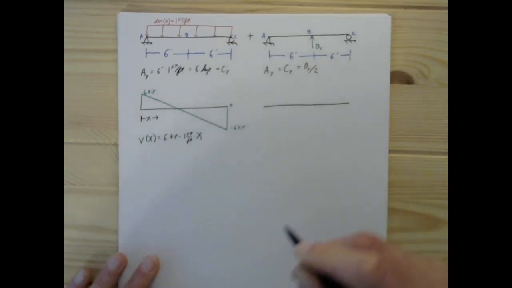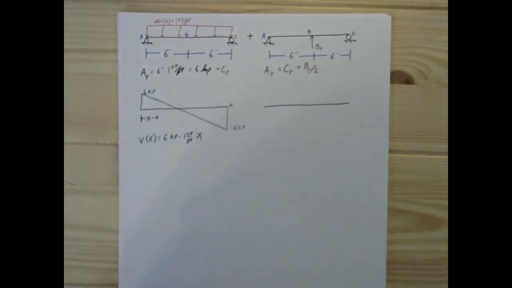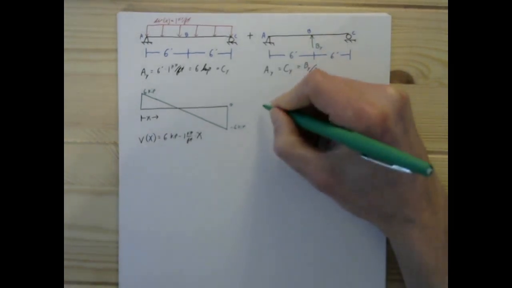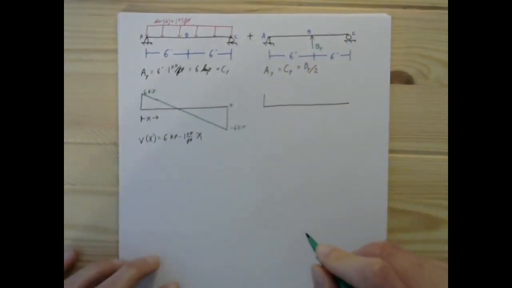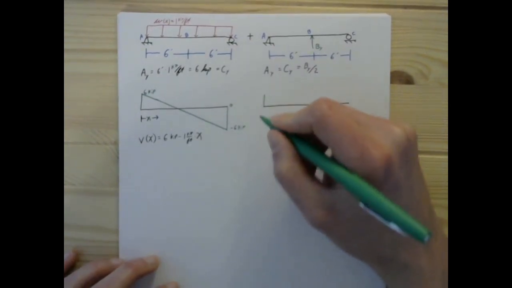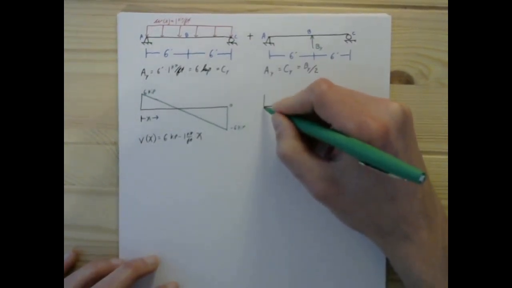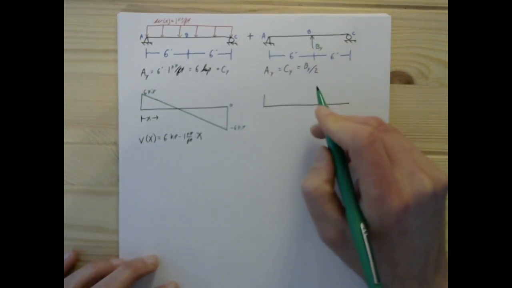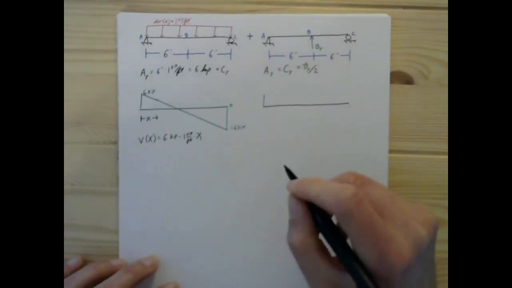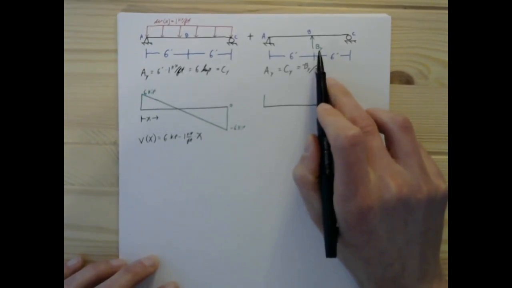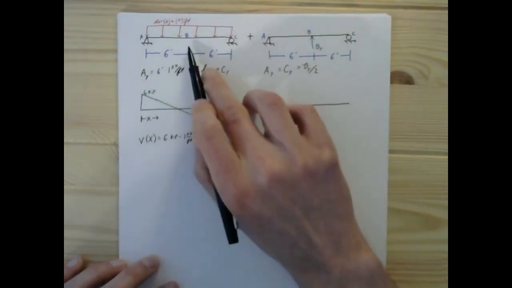Our shear diagram is going to be similarly very, very easy for us here. It's going to pop up to 1/2 BY, or let's have BY popped up there. Let's make that negative. We know that BY is going to be positive, right?